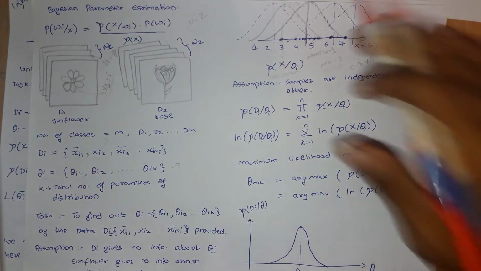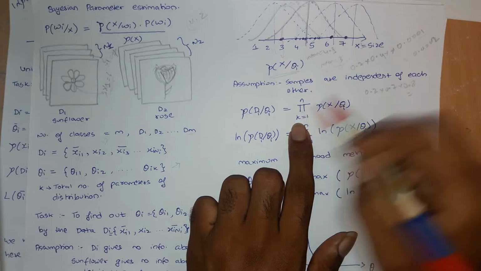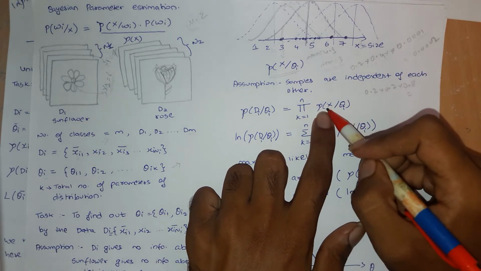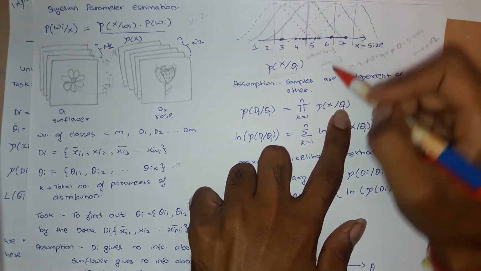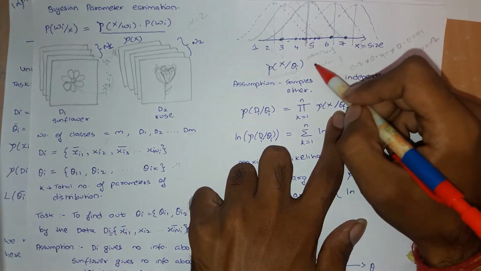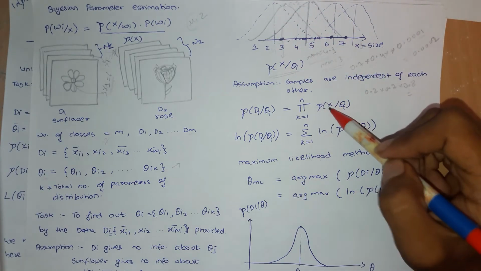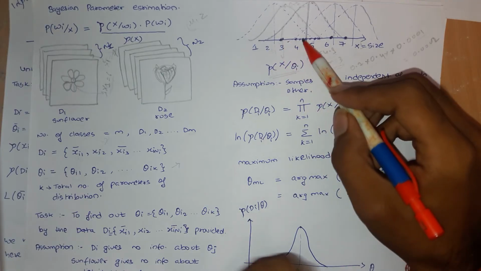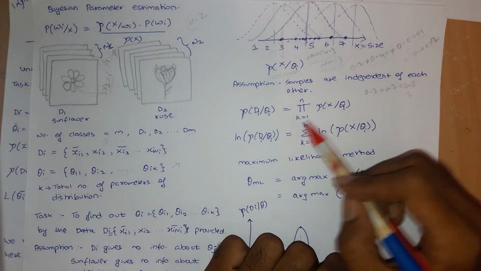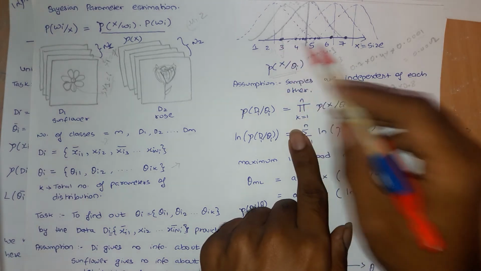So this is exactly what we are doing over here. We are multiplying the probabilities of every x given a particular mean. I fix a mean, then calculate the probability of every data sample with respect to that mean, and multiply them, so hence there is a product over here, for every sample.